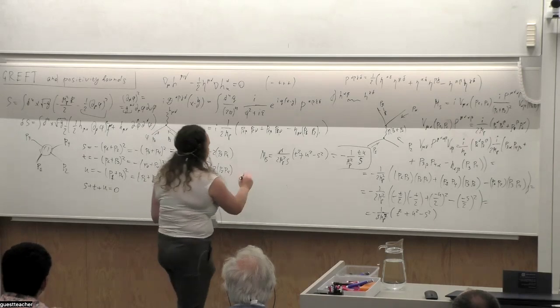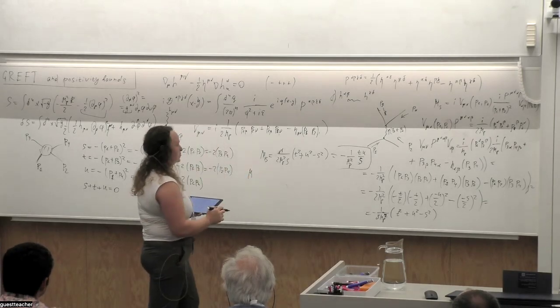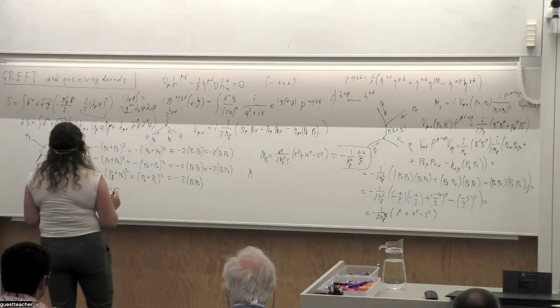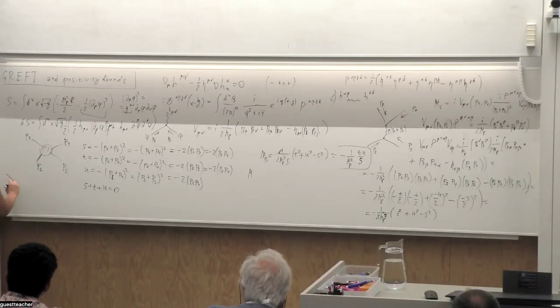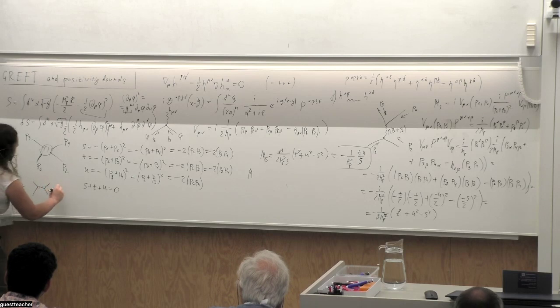And for the total amplitude, I need to sum up 3 diagrams. I need to sum up the diagram I already have, this one, plus this one, and plus this one.